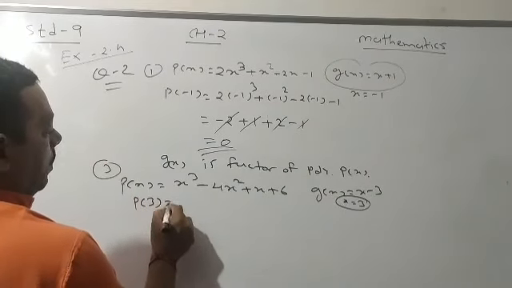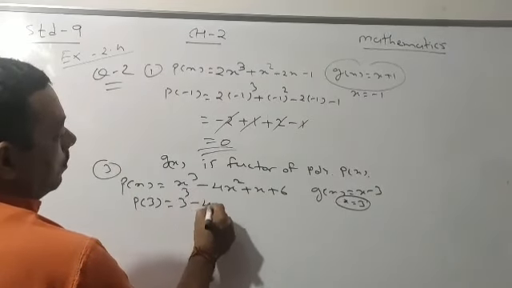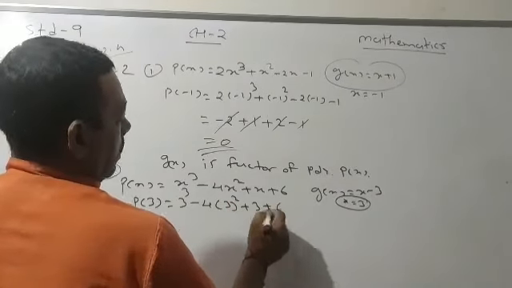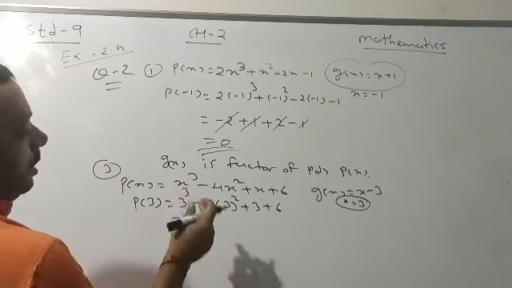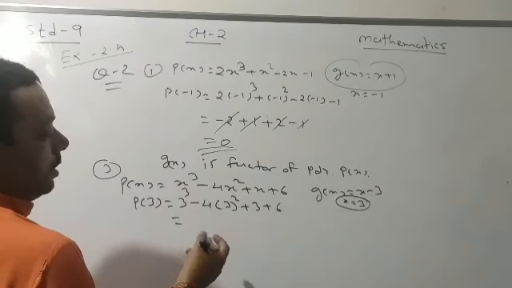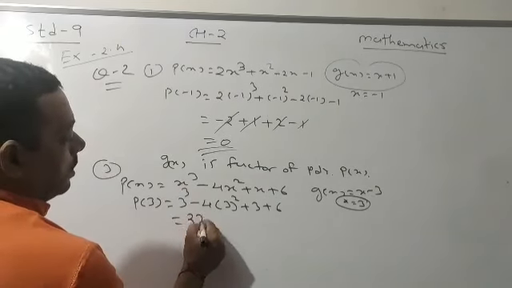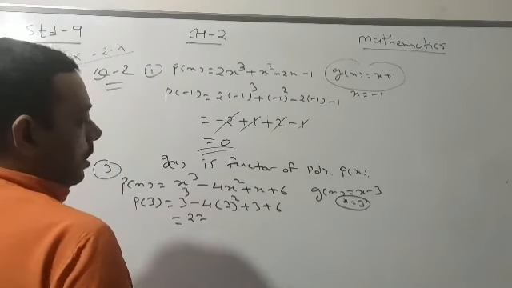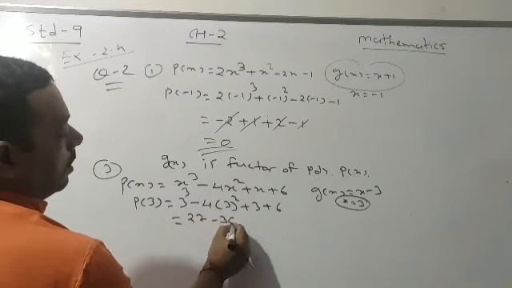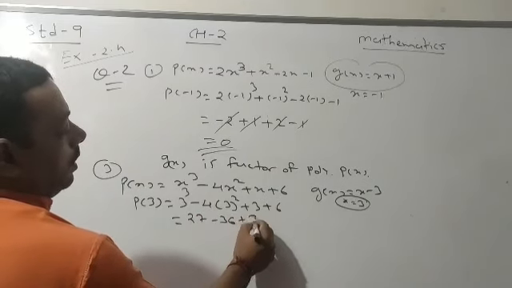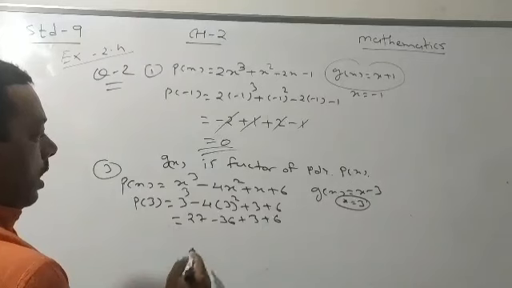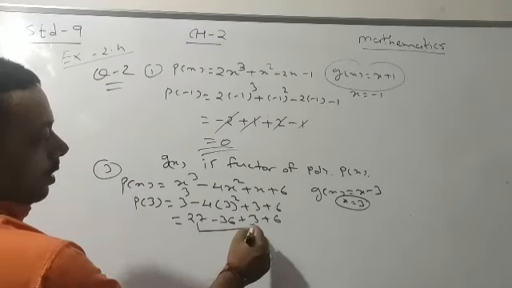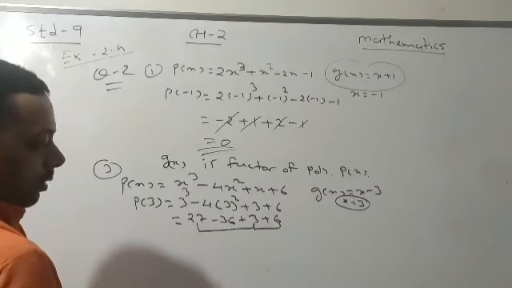So now p of 3 is 3 cube, 3 square, 3 and 6. 3 cube means 3 into 3 into 3. 3 3s are 9, 9 3s are 27. Now 3 square. 3 square is 3 into 3, that is 9, and 9 4s are 36, plus 3 plus 6. Now 27 plus 3 is 30, plus 6 36.